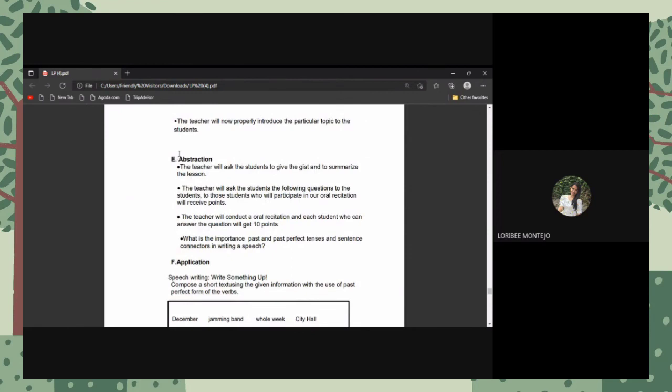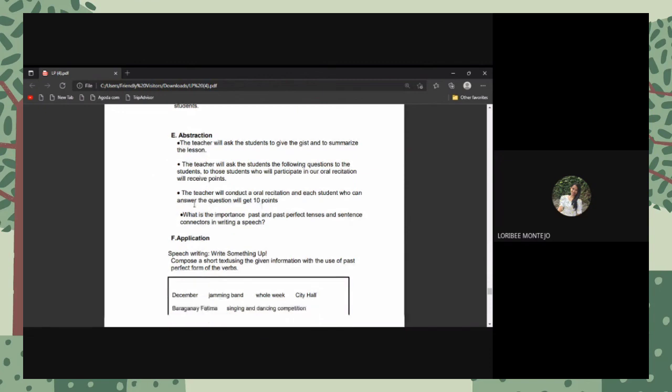In our abstraction, the teacher will ask the students to give the gist of and summarize the lesson. The teacher will ask the students the following questions, and those students who participate in the oral recitation will receive extra points.